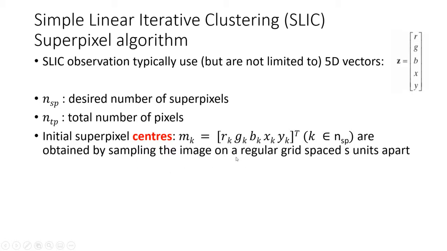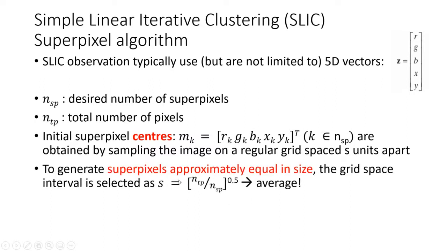These are obtained by sampling the image on regular grid spaces S units apart. What's S? S is basically the total number of pixels that you have over the number of superpixels that you want. So if you want to have 1,000 superpixels in your image, you're going to divide it into 1,000 pieces, right?